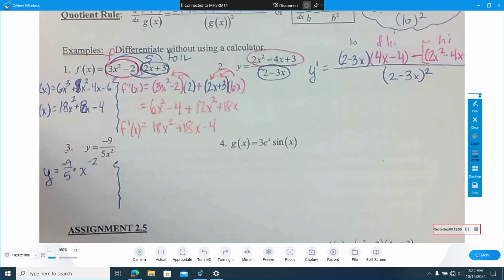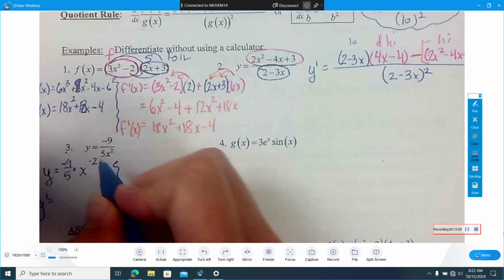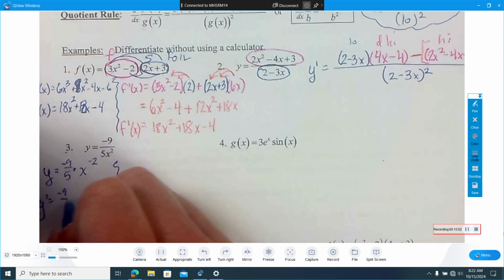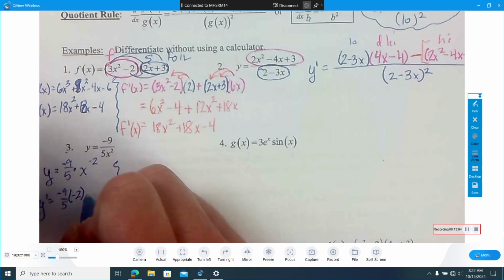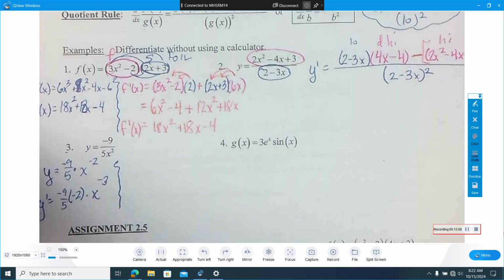Pull off that coefficient in front and then use my powers with exponents however they need to be, and then we can just multiply. So y prime would be negative 9/5 times negative 2 times x to the negative 3. Drop your power and subtract 1, so that would be one answer possibility there.